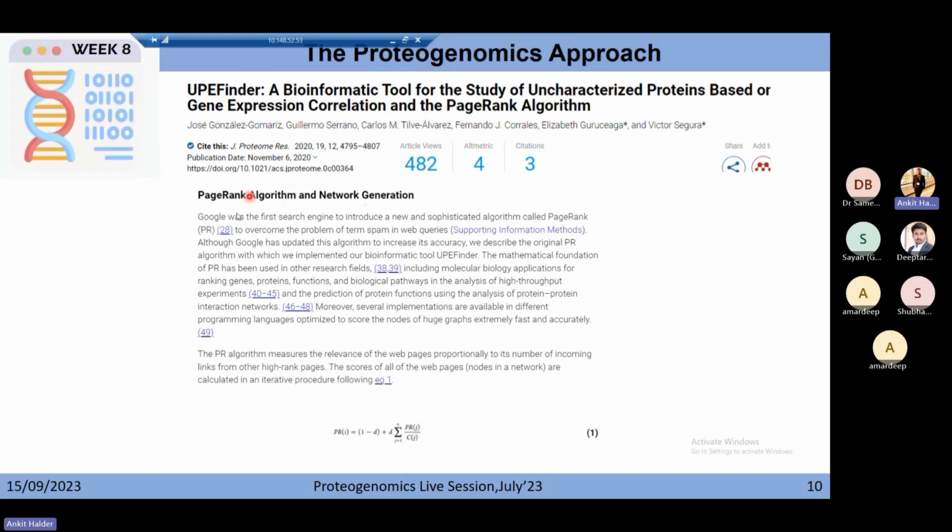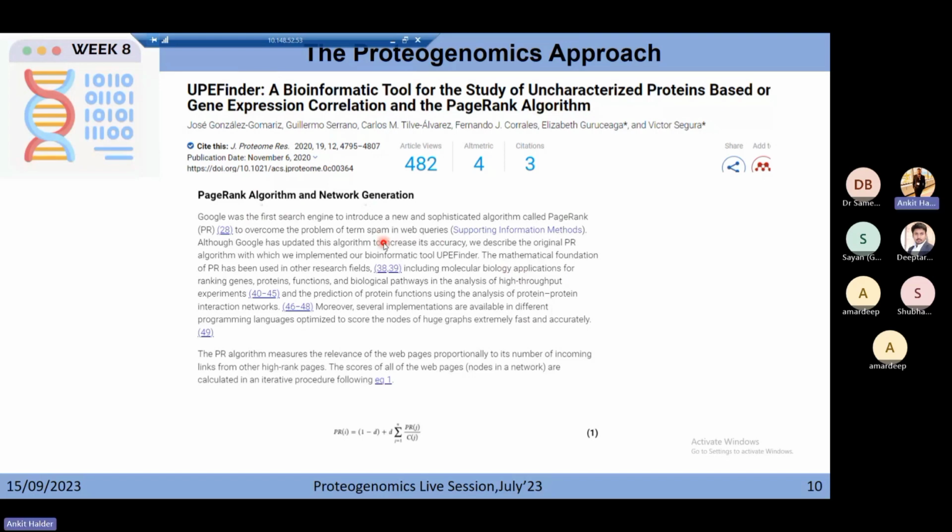It was first developed by Google, which introduced a new and sophisticated algorithm called PageRank to overcome the problem of term spam in web queries. So from there it has been used. The inspiration can come from all ways, and only if it is implemented in biological problems can these problems be solved.